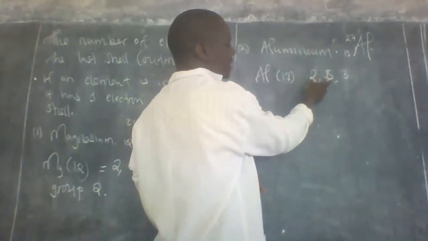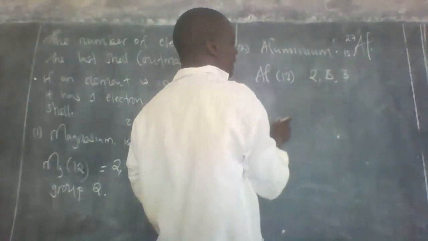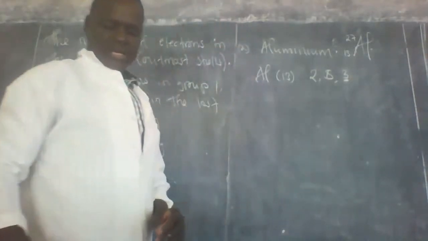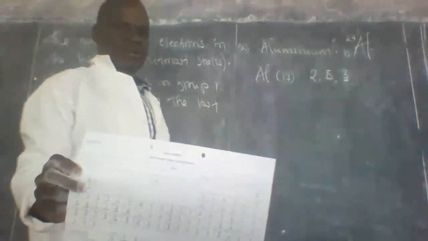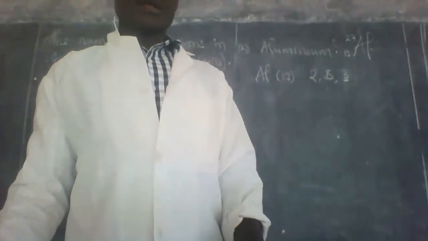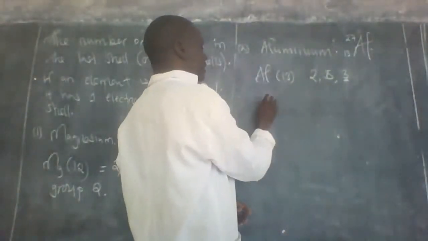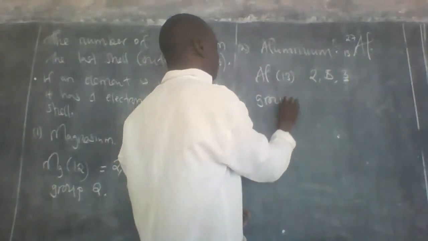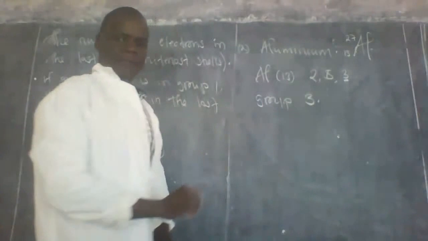So 2 plus 8 is 10, plus 3, that is 13. So how many electrons are there in the outermost shell? 3. So we're likely to find aluminium in group 3. Let us check. Group 1 here, group 2 here, group 3, and exactly that is where we are finding aluminium. So because there are 3 electrons in the outermost shell, aluminium is in group 3.